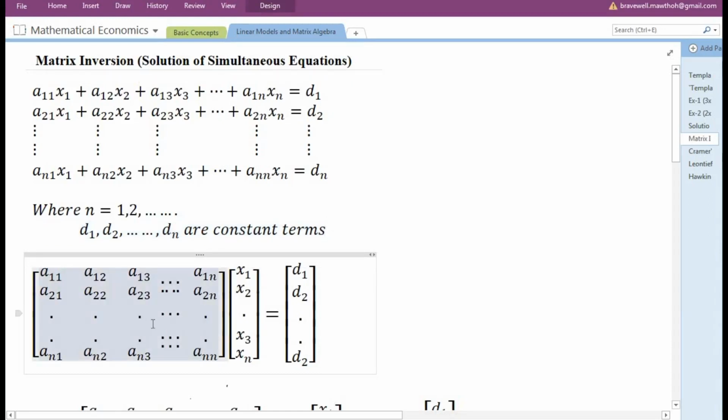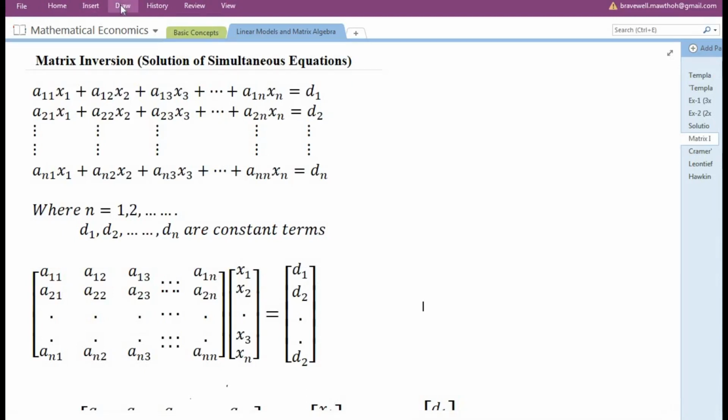Now this matrix out here is a coefficient matrix which contains all the coefficients. Next, this is the vector of the variables and this is the vector of the constant terms.